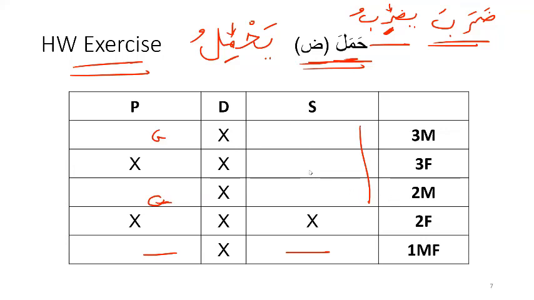So, any questions so far? No, sir. But just one question. You gave us a good hint in the first page. You said if it's a zabar, then it means something, and if it's a dhamma, then it gives you a quick hint. Can you remind me about that? The zabar is for singular.